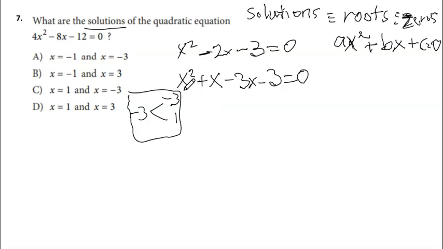So here, we try to factor because we have common factors between these pairs, right? In the first two, our common factor is x. Now in the parentheses, we have x plus 1. In the second pair, we have minus 3.